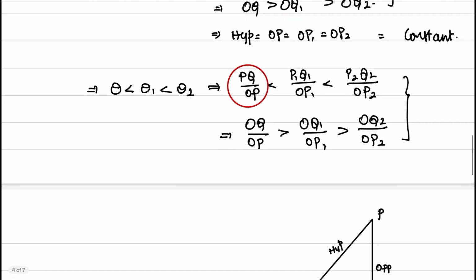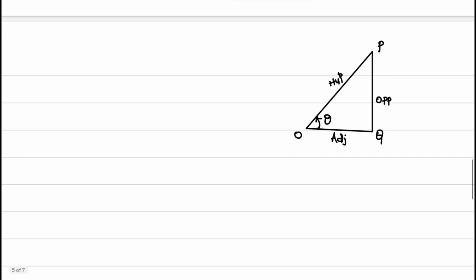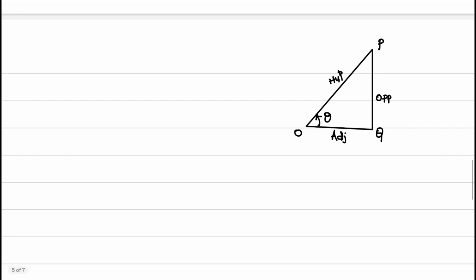Now, what do we have? PQ by OP. We want to know what PQ by OP is. For the angle theta, PQ by OP is defined. What is PQ by OP? PQ is the opposite side, and OP is the hypotenuse, or radius of the circle, in the first diagram which I have shown you.